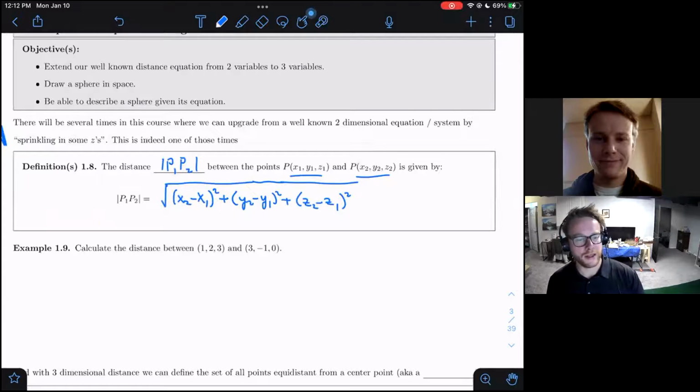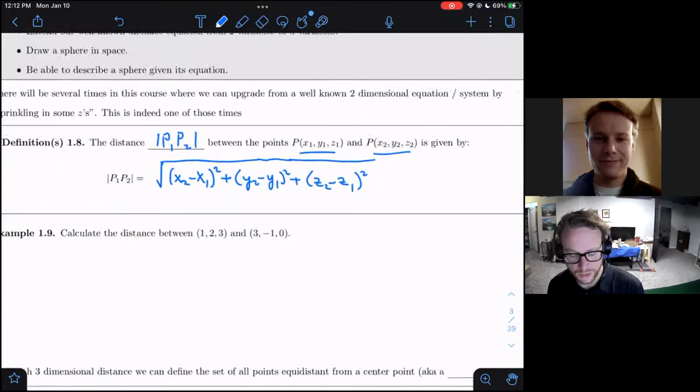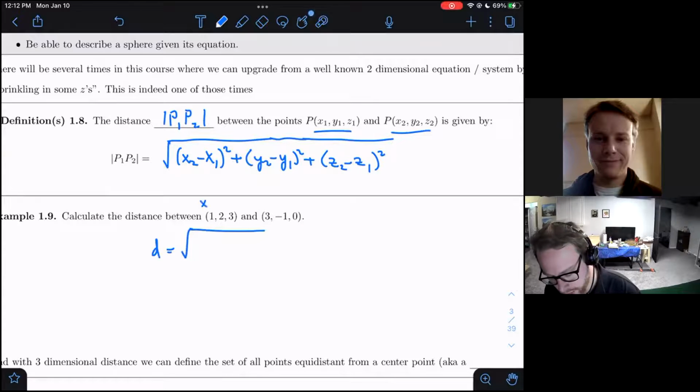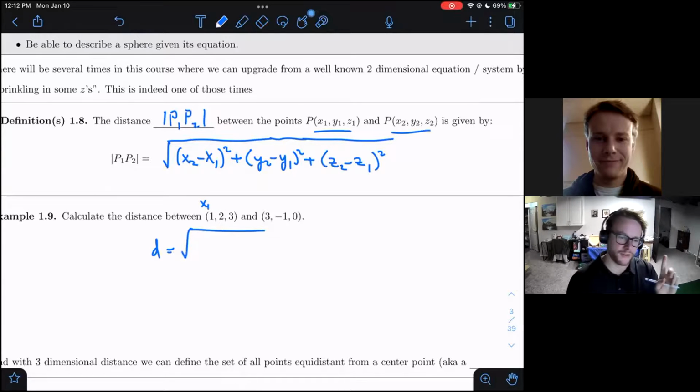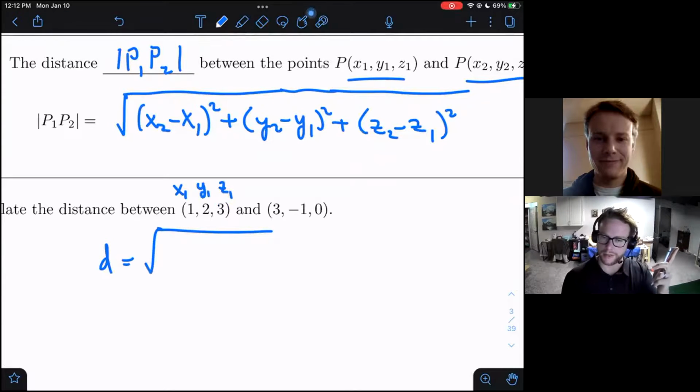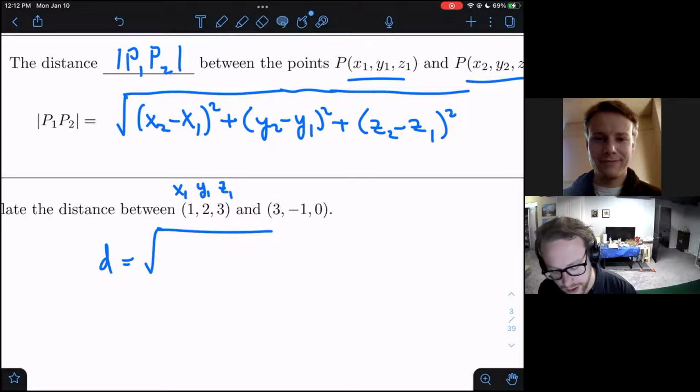So maybe let's quickly use this to come up with the distance between two points here. So square root of, and I'm going to do these ones as my x1. Oops. You know what? Actually, let's have a little bit of fun here. You guys do x1, y1, z1. That'll be the x1, y1, z1 for you guys. But actually, let me switch it around.